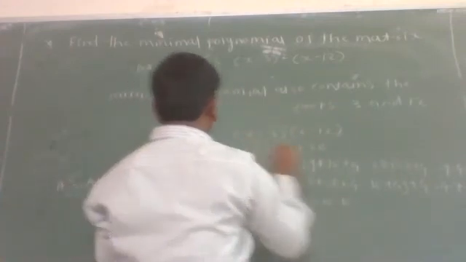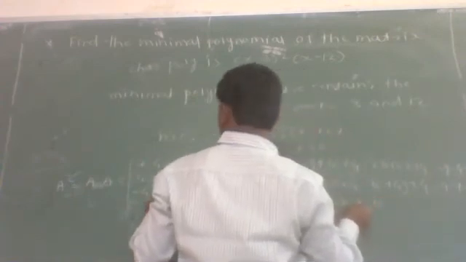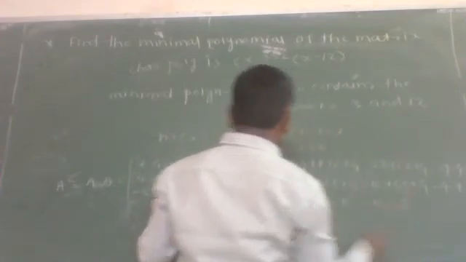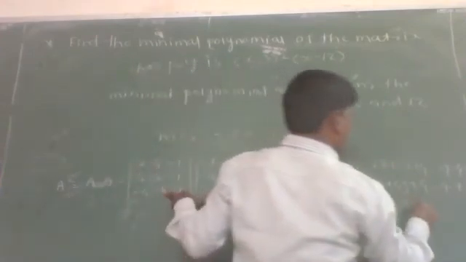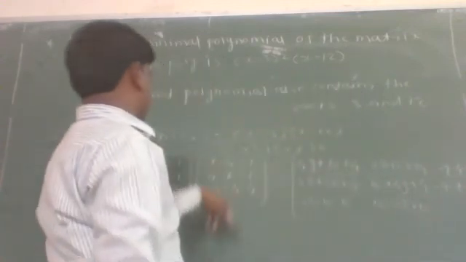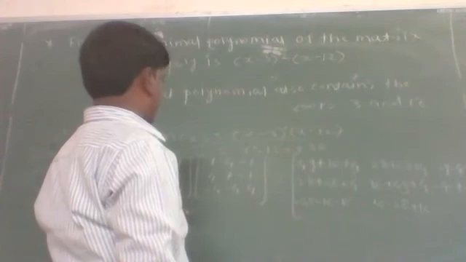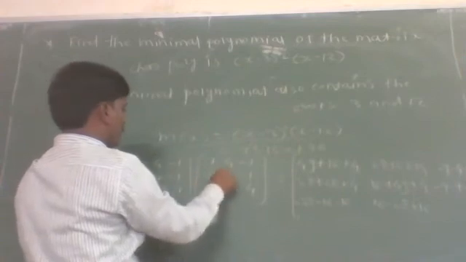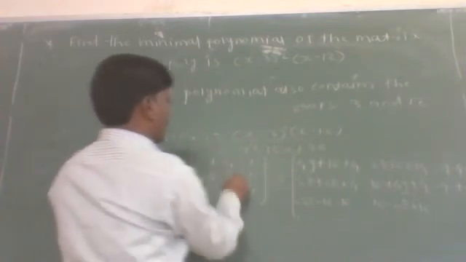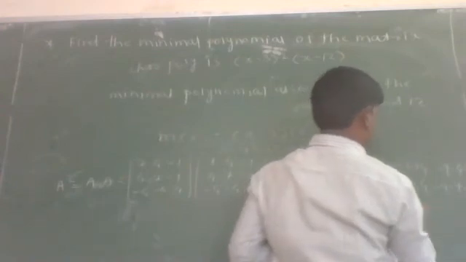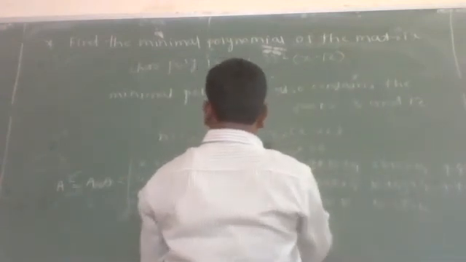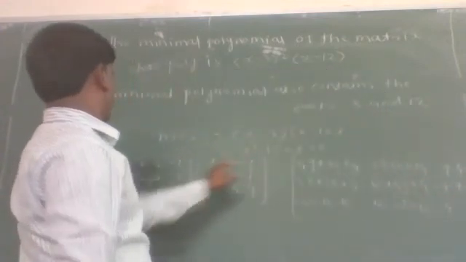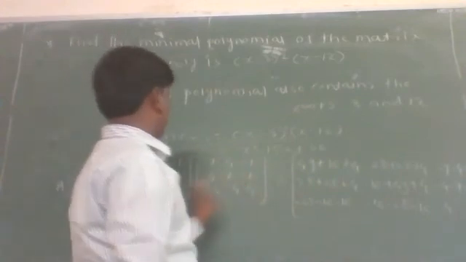Now, minus 4 into minus 4, plus 16, minus 4 into 4, minus 16, minus 4 into 7, minus 28, 4 into minus 4, minus 16. Next, minus 4 into minus 1, plus 4, minus 4 into minus 1, plus 4, and 4 into 4, 16.